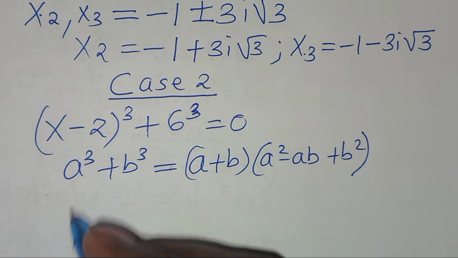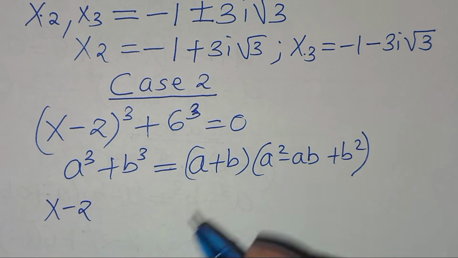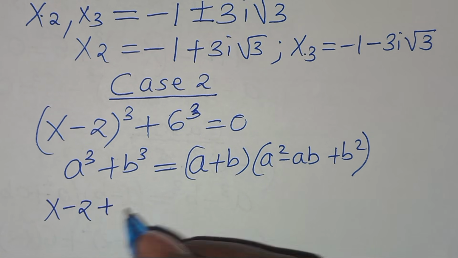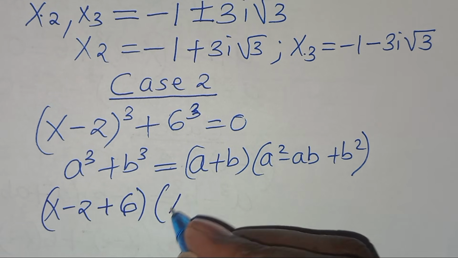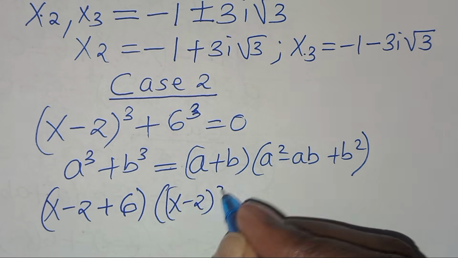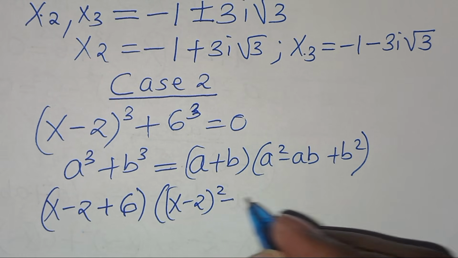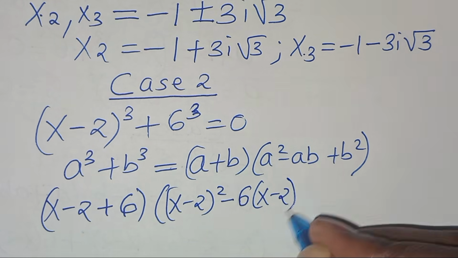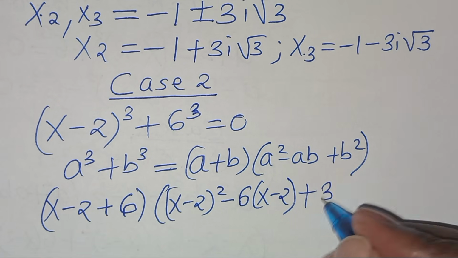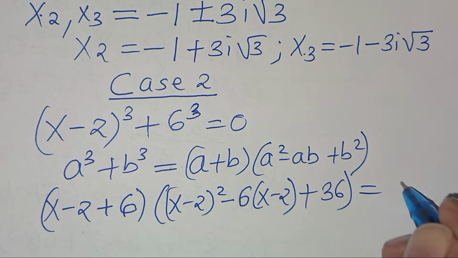So now here we have x minus 2 plus 6, and then here we have x minus 2 squared. Now subtract 6 times x minus 2, then plus 6 squared, which is 36, close the bracket here, this is equal to 0.